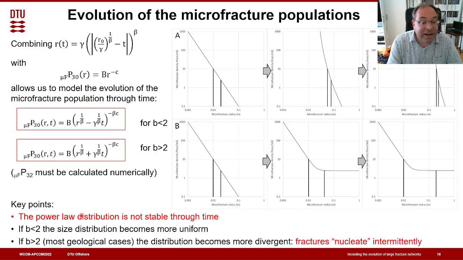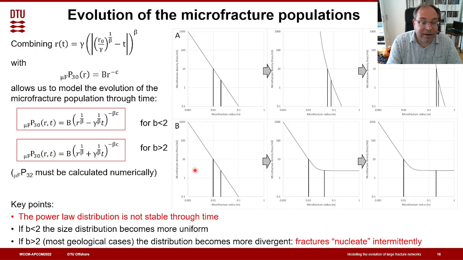So, in other words, the initial power law distribution of the fractures is not stable through time. If the subcritical fracture propagation index is less than 2, the smaller fractures will actually propagate faster relative to the larger fractures, and the size distribution becomes more uniform through time.